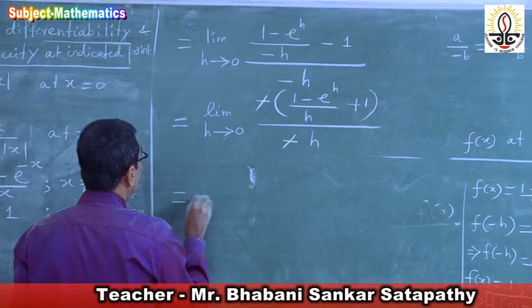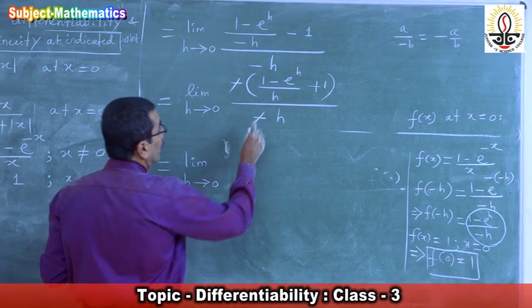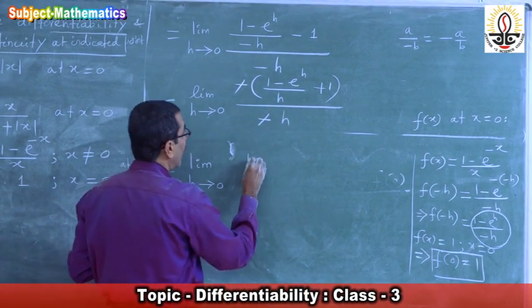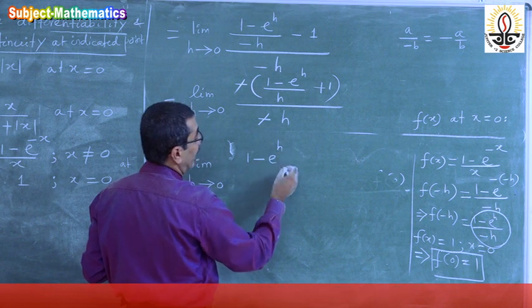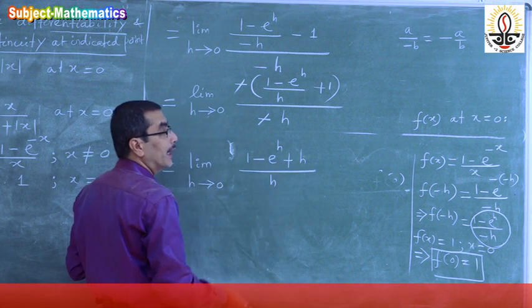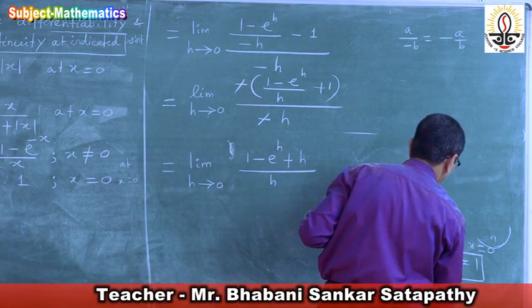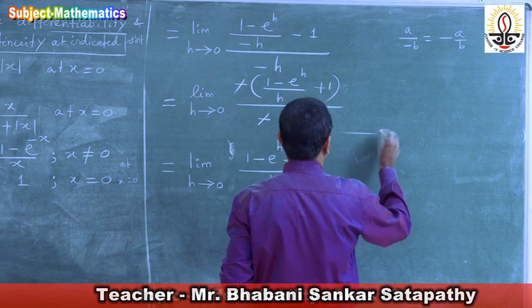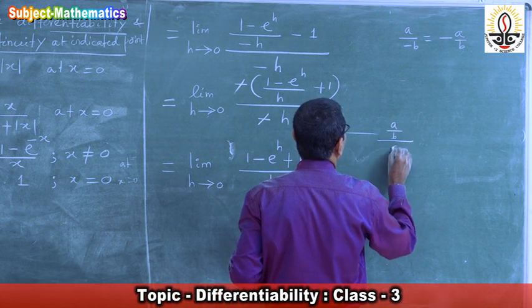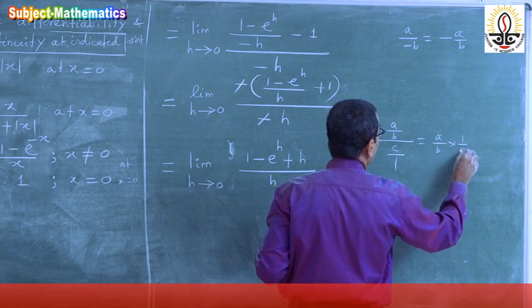You will get limit h approaches to 0, now simplify this: 1 minus e to the power h plus h divided by h. Now again I am telling you, a by b divided by c is a by b into 1 by c.